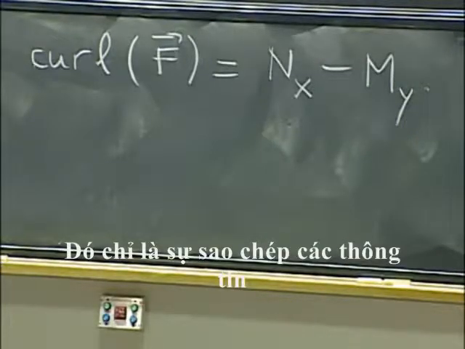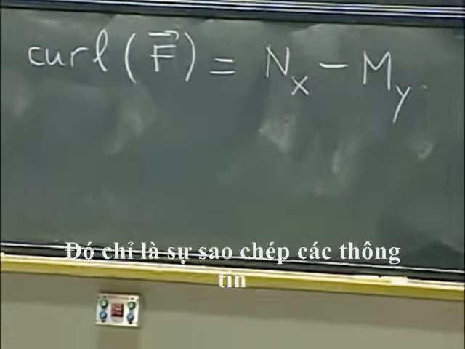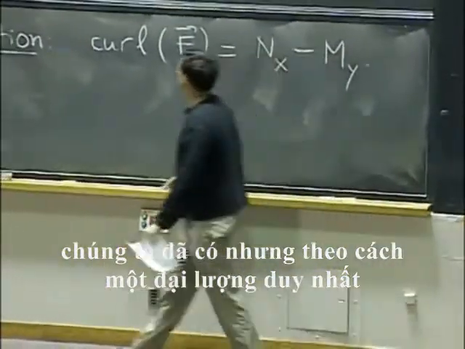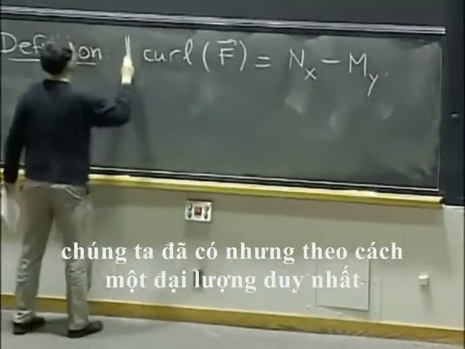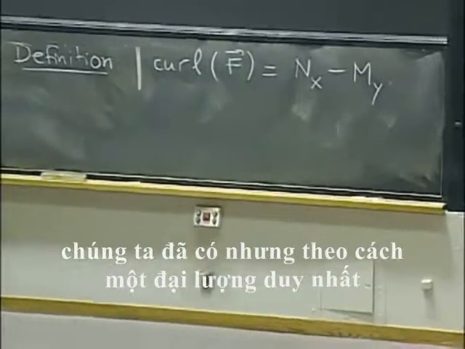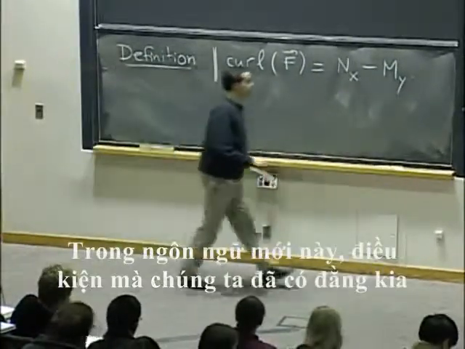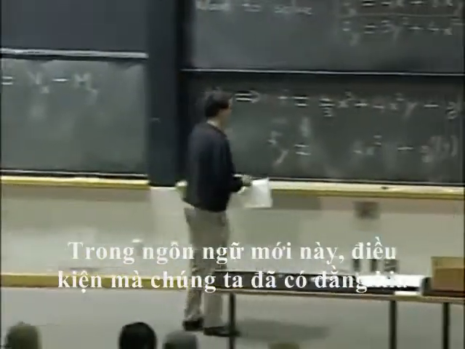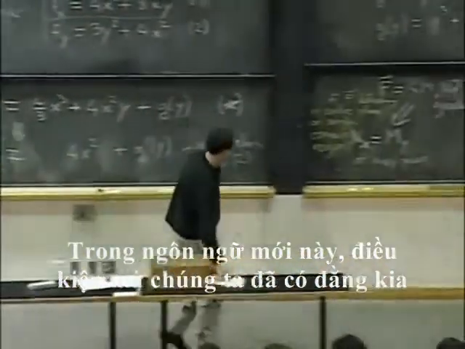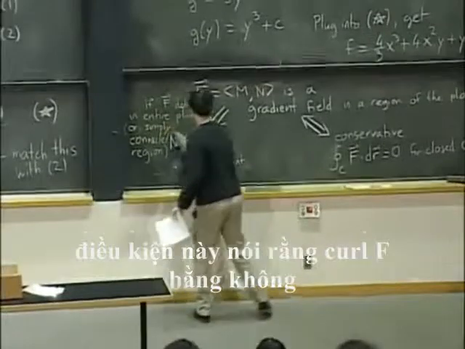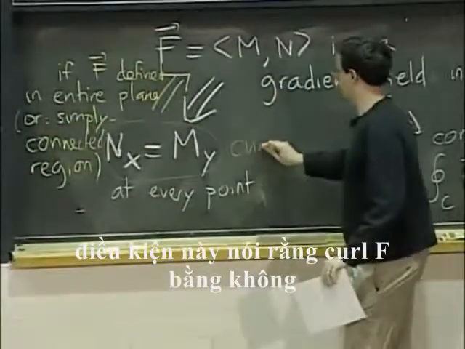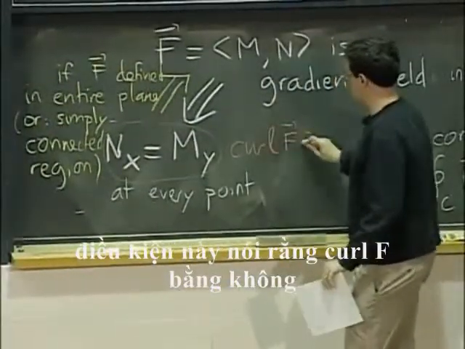It's just repackaging the information we had, but as a single quantity. So in this new language, the condition that we had over there says curl F equals 0.